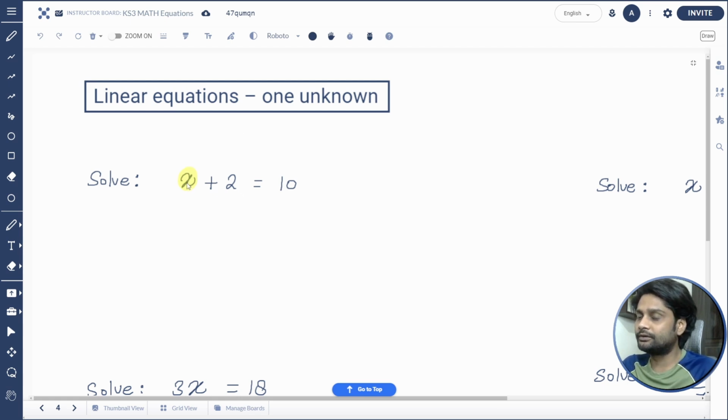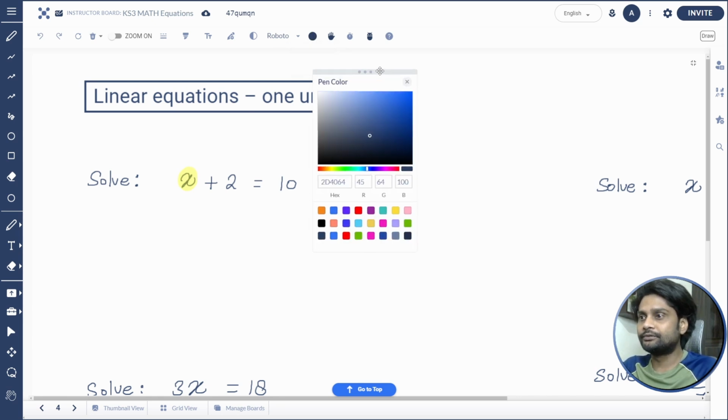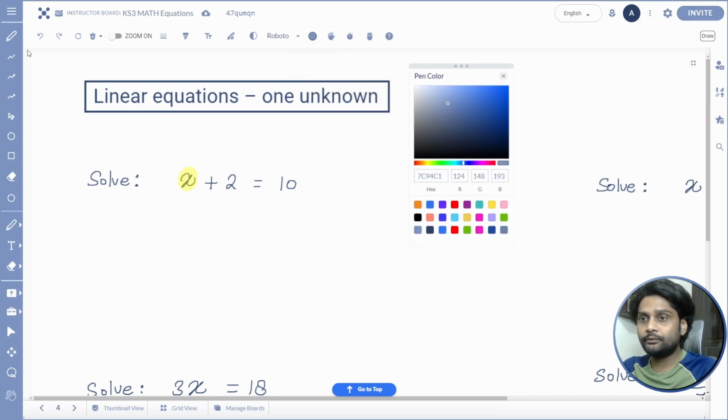Because 2 is together with x, but we don't want to see this 2 here. So to remove this 2, students, we have to perform the inverse operation. Just because the 2 is being added over here, we need to perform an inverse operation. As we have discussed that addition and subtraction are inverse operations, we can subtract 2.